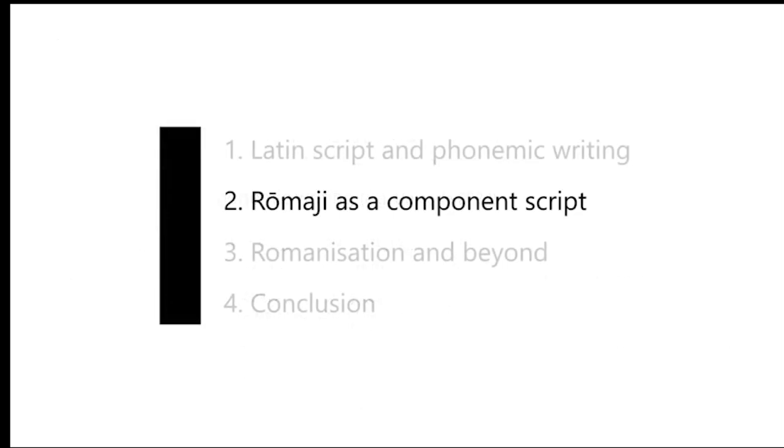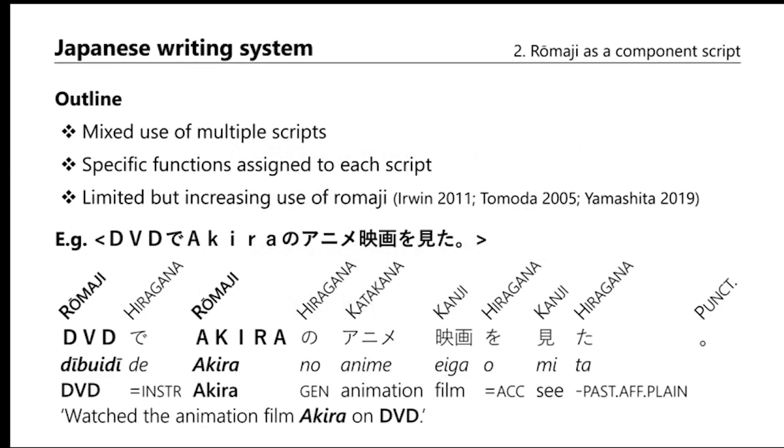Now, with that in mind, let's look at the Japanese adaptation of the same script. Firstly, the Japanese writing system. Our colleague Terry Joyce yesterday talked about this, and the Japanese writing system is characterized by the mixed use of multiple scripts called kanji, hiragana, katakana, and then Rōmaji.